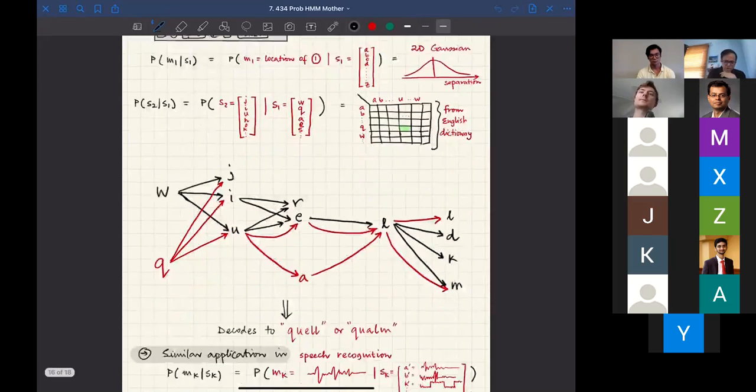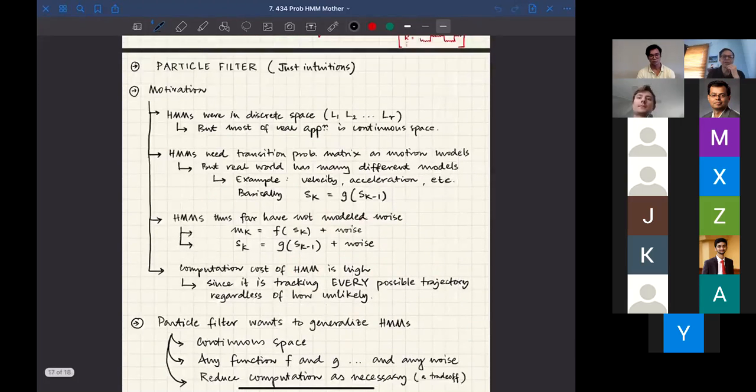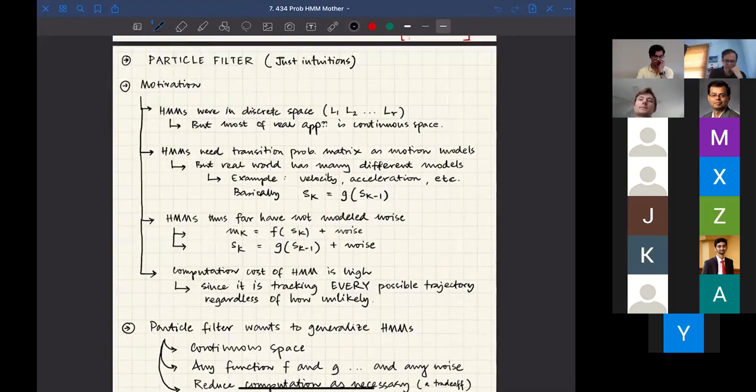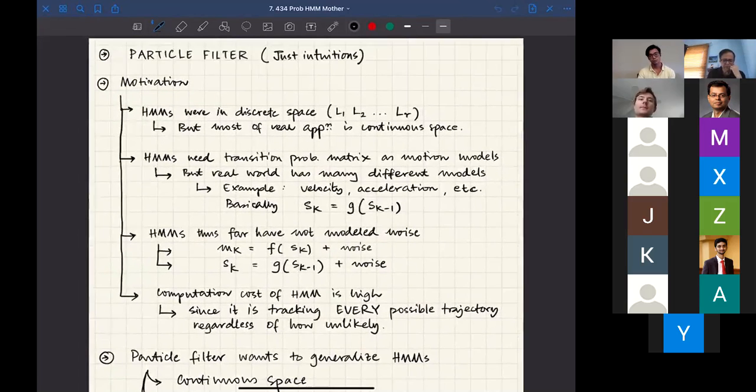In all of these we have used hidden Markov models, which have been shown to be optimal, meaning that every piece of information is being used and every trajectory that is possible is being tracked.